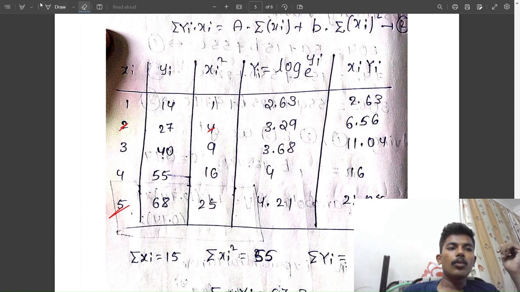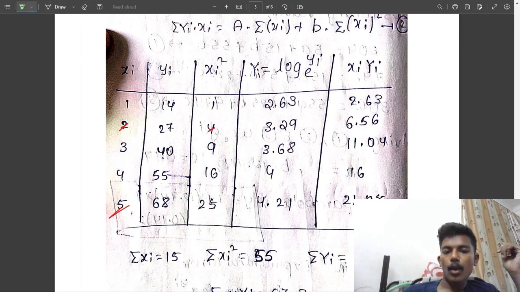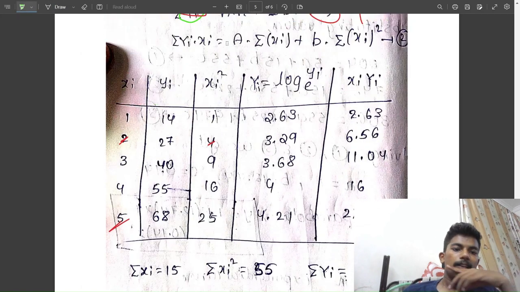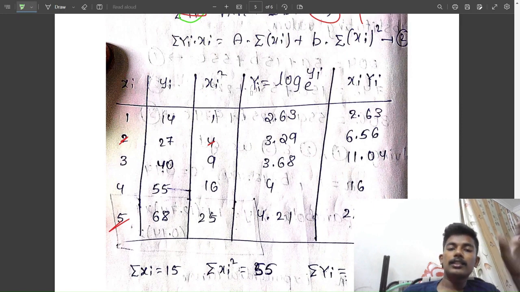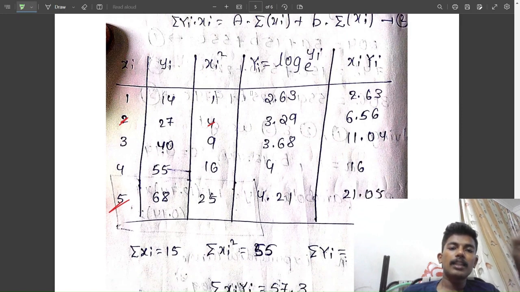So now we have obtained the values. So now let us calculate the summation.